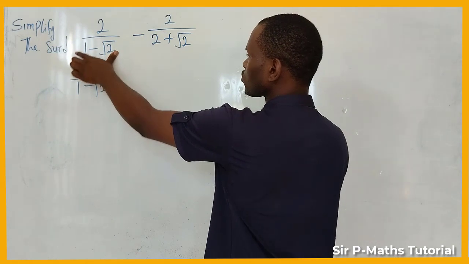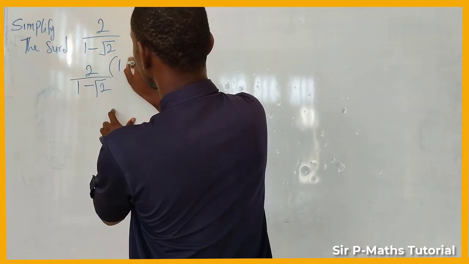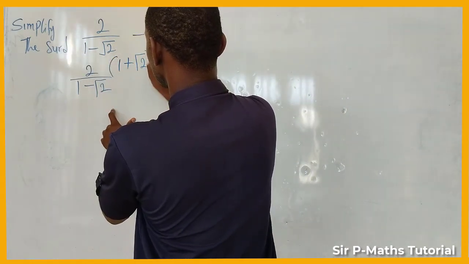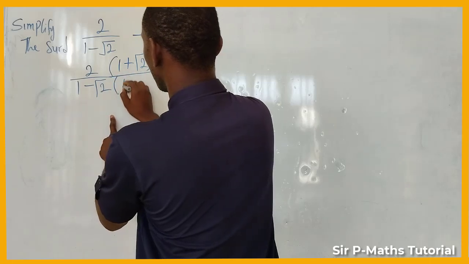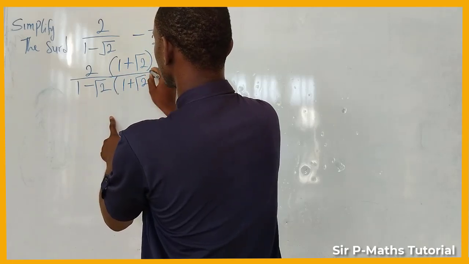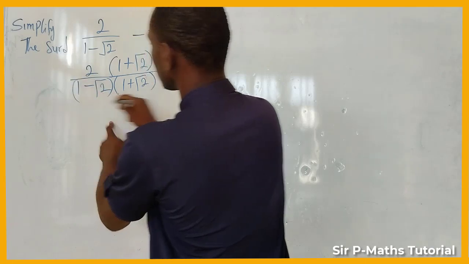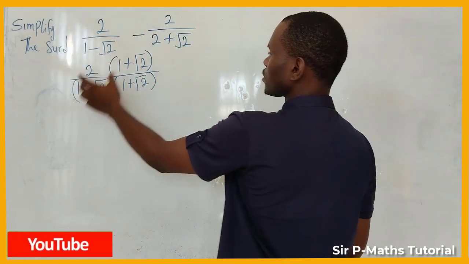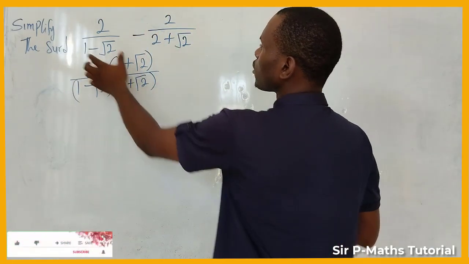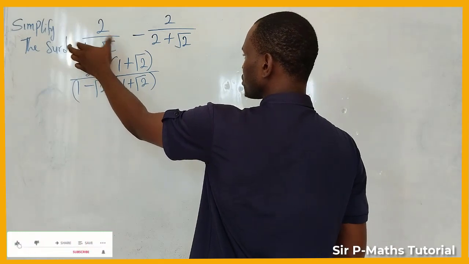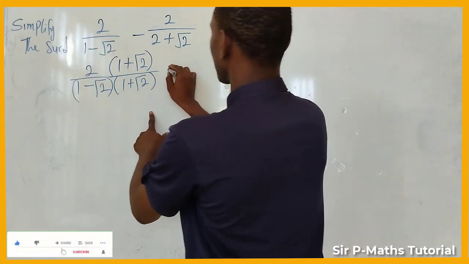Use the denominator to multiply up and down: 1 plus root 2 all over 1 plus root 2. So this 2 is multiplying here. This one is multiplying here. But remember that this is the same denominator. I only changed the sign.